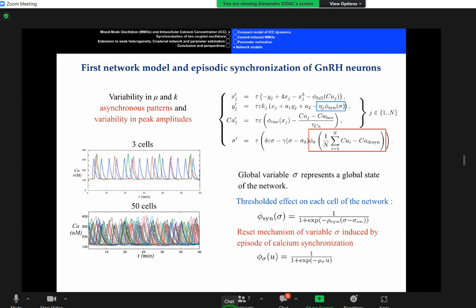So it is almost equal to 0 unless all the neurons synchronize and the peaks of ICC synchronize among all the network.